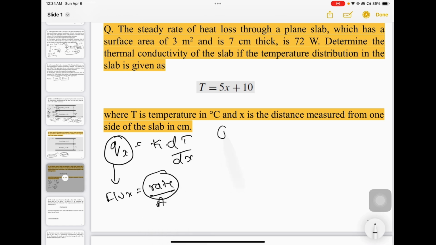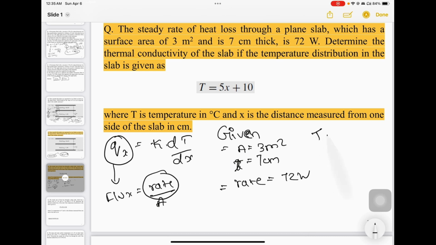Let's note down the given thing. Given is area of the slab is 3 meter square, thickness is 7 centimeter, which is x, and rate is given by 72 watt. Now everything is given.